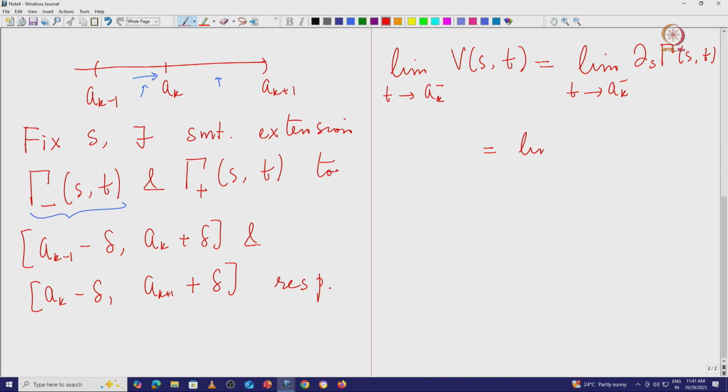So this is the same as the limit as t approaches a_k of the smooth function.